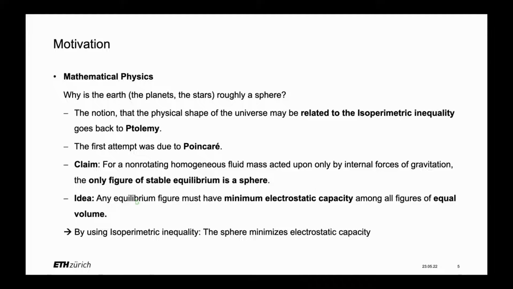I hope I spell it correctly. And actually, the first attempt was due to Poincaré. He claimed that for a non-rotating homogeneous fluid mass, which is acted upon by internal forces of gravitation, the only figure which has a stable equilibrium should be a sphere.